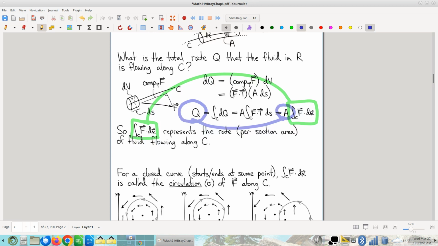So factoring out that area, the vector line integral represents the extent to which the fluid is flowing along the curve. It's kind of a weird thing. It's always nice when the interpretation of a mathematical quantity is something familiar. Isn't that great?